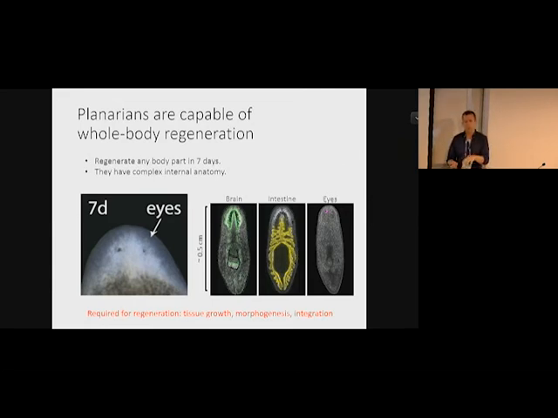You need the ability to have morphogenesis, to form the new organs, and you need to integrate the new organ with the old organ. For example, if you're regrowing a brain, you need to have it rewired into the existing body. Those are three essential aspects of regeneration that we see in almost every regenerative organism.